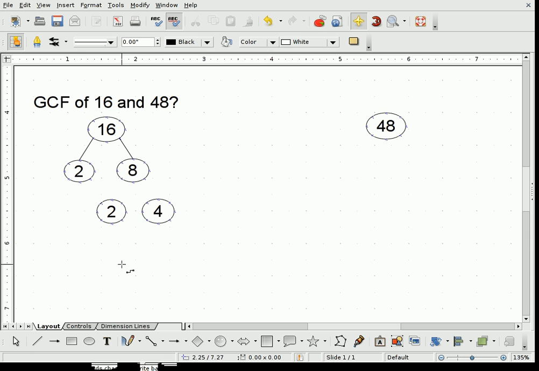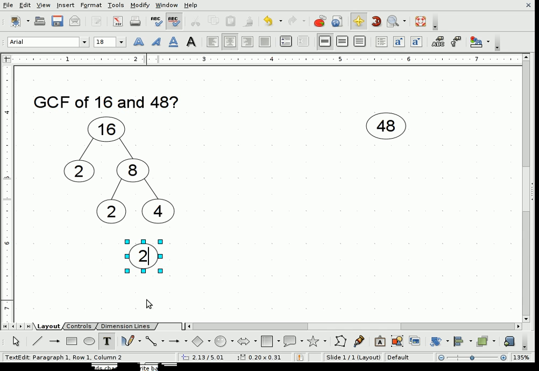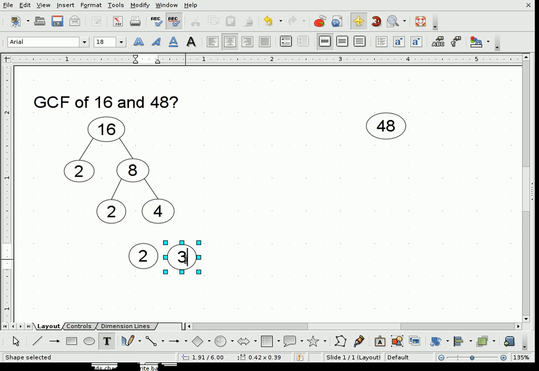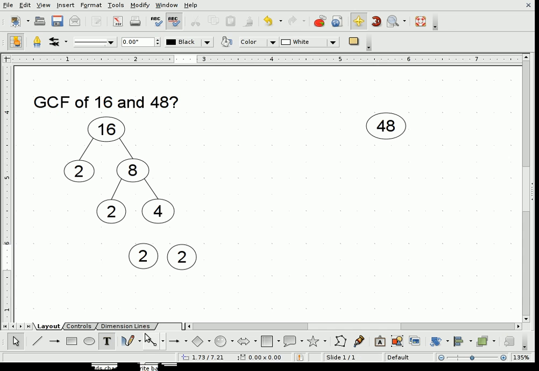Okay, so once again we draw the connectors here. What is 4? 4 is a composite number. 4 is divisible by, once again, 2. But what is 4 divided by 2? 4 divided by 2 turns out to be just 2. Right there.